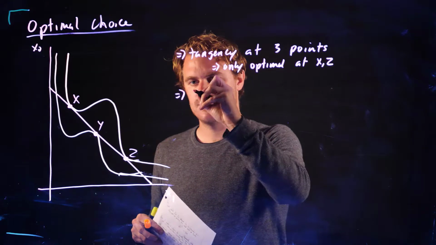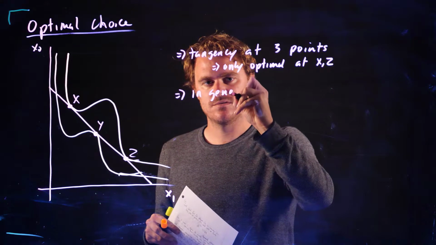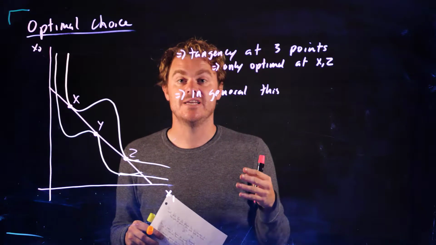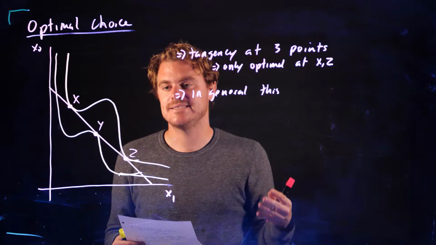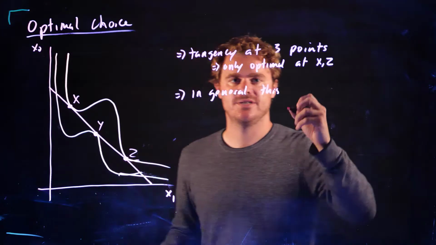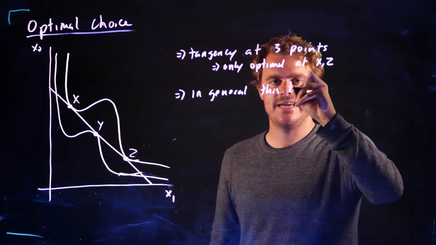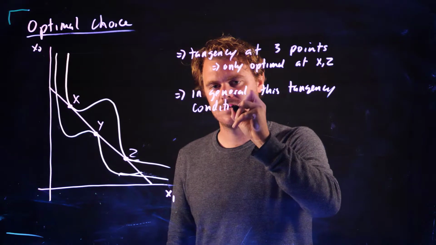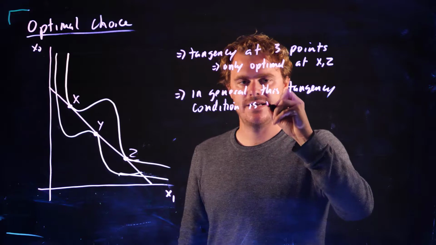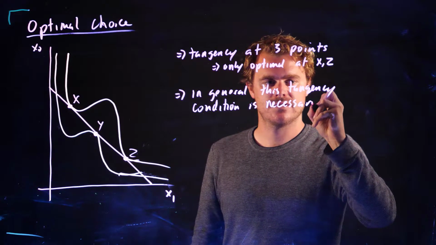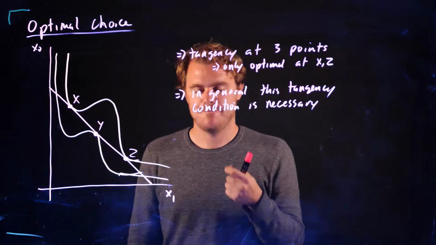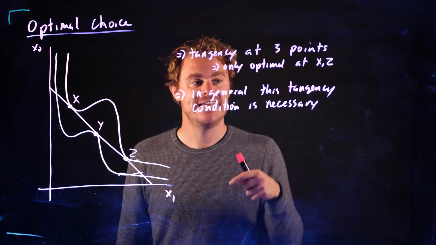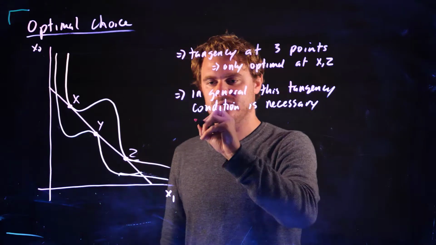So in general, this tangency condition is necessary, but it's not sufficient. If you rule out boundary conditions or corner solutions and these kinky preferences, it's a necessary condition, but not sufficient.